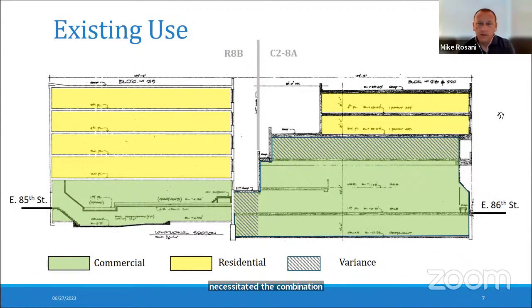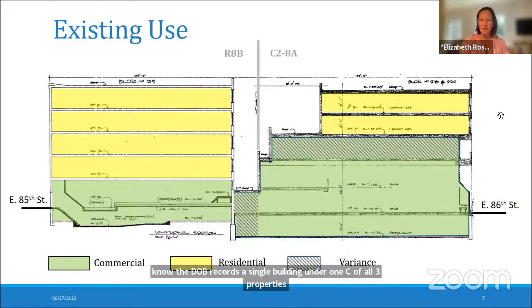There is an easement in place that allows egress from the Orange Theory space on East 86th Street through the cellar that goes between the two buildings on this diagram where it's hatched in the rear yard. And then you exit through the cellar of the 85th Street building and then out to the street. And that's how the buildings are combined. And they are, as of the DOB records, a single building under one C of O, all three properties.